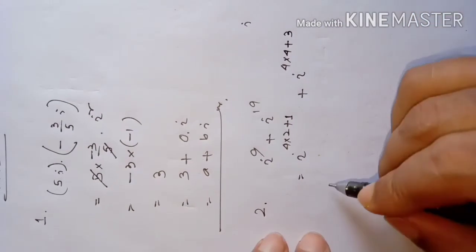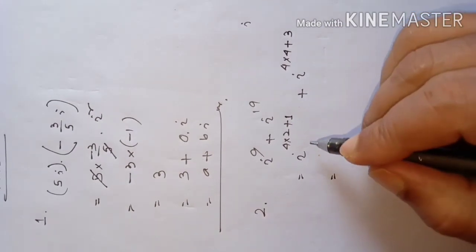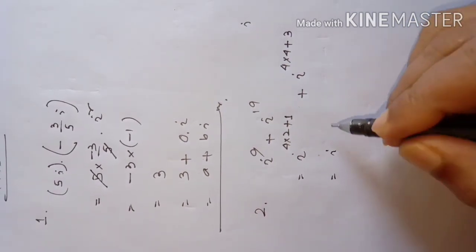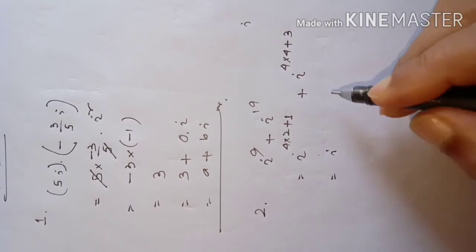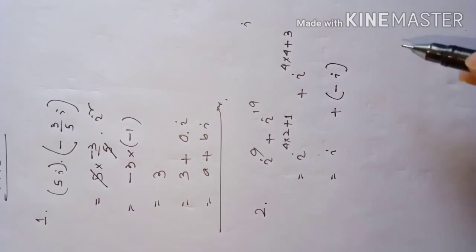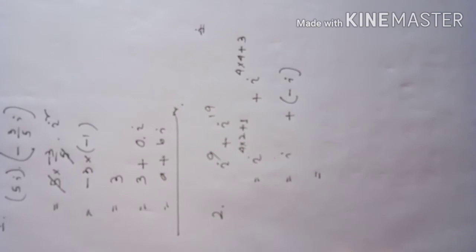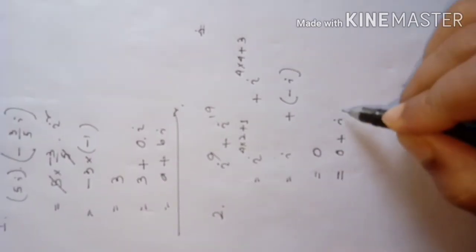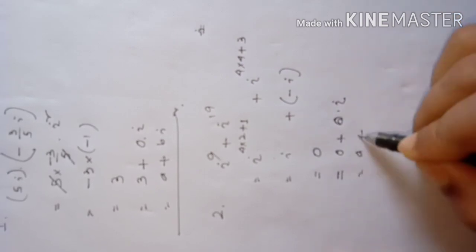As you know, if the remainder is 1, then it will be equal to iota. And if the remainder is 3, then it will be minus iota. You remember, no? One table I have given you. So that is equal to 0. 0 can be expressed as 0 plus 0 iota, which is in the form of a plus b iota.